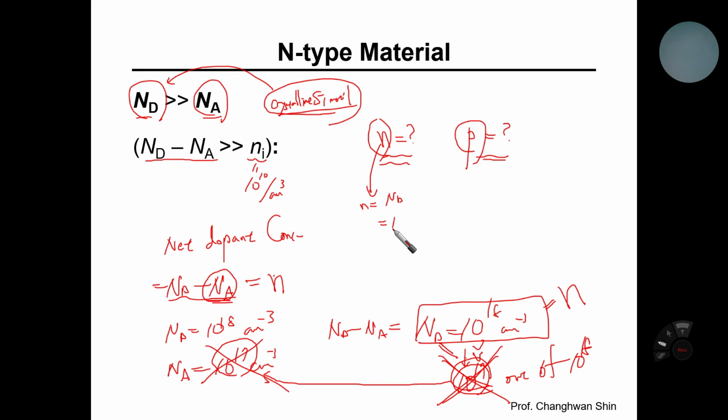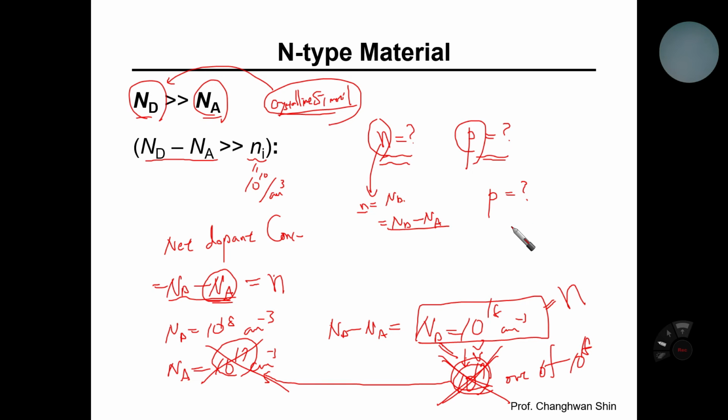But in more exact form, it should be Nd minus Na. Okay, right. So we now found the electron concentration. What about the hole concentration in this donor doped silicon sample?